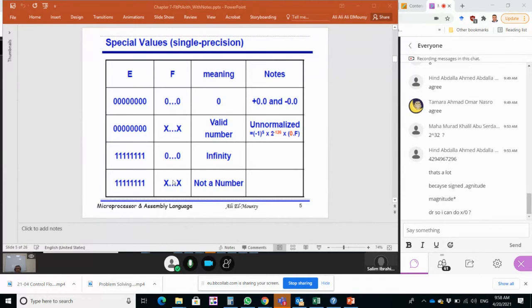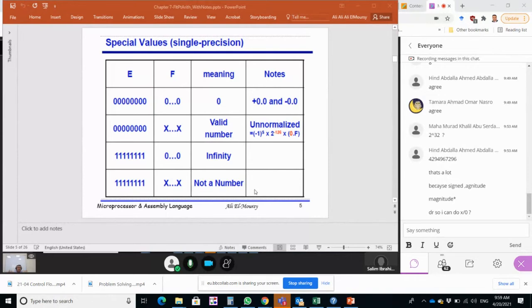Now, if the exponent is all ones, okay, and the fractional mantissa contains anything except zeros, all of that range of values is not a number. There is no interpretation of their meaning. By the way, those are a lot, so I'm actually excluding a significant amount of the 4 billion combinations.